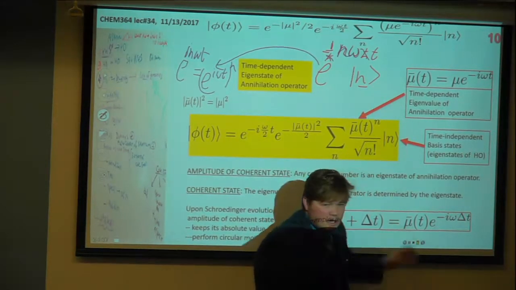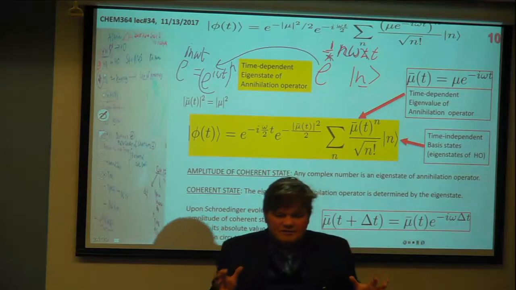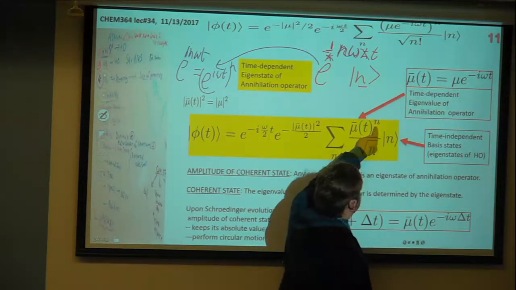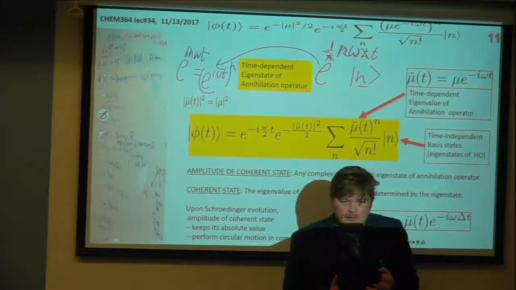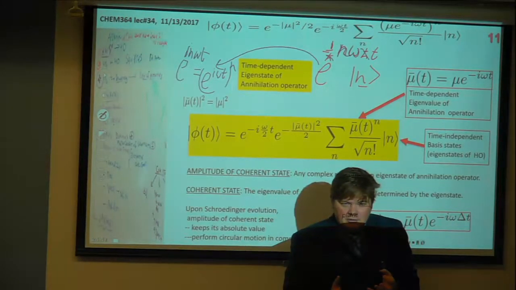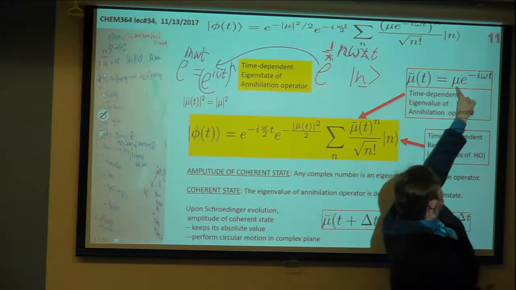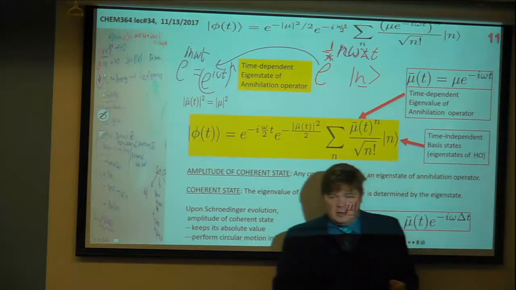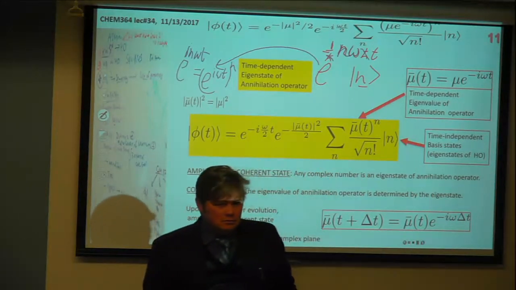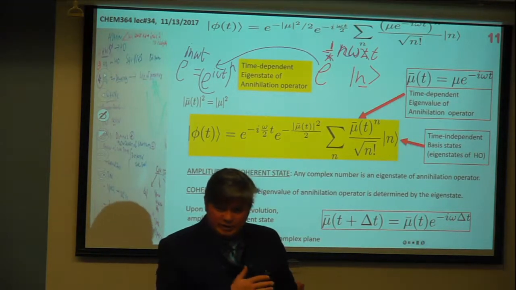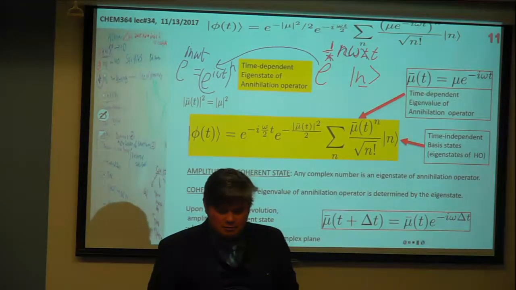But right now we redefine this parameter that we put in power n. Instead of a static eigenvalue, it becomes a dynamic eigenvalue. It becomes a value that rotates in the complex plane. No tricks, no cheating, just plain substitution of things.